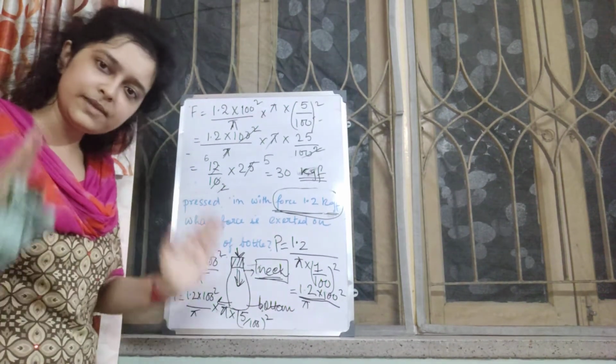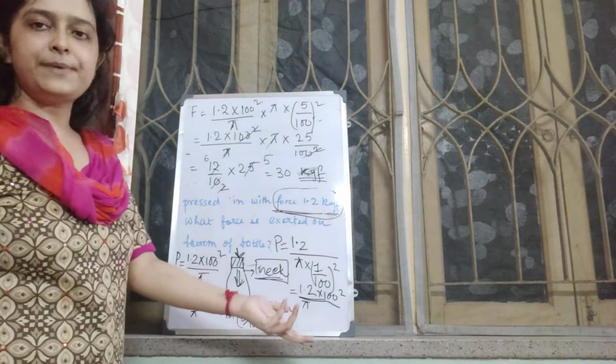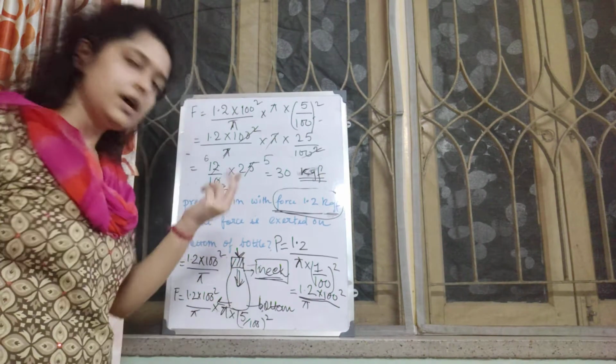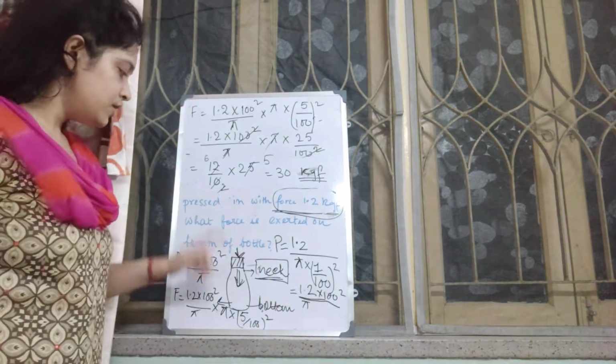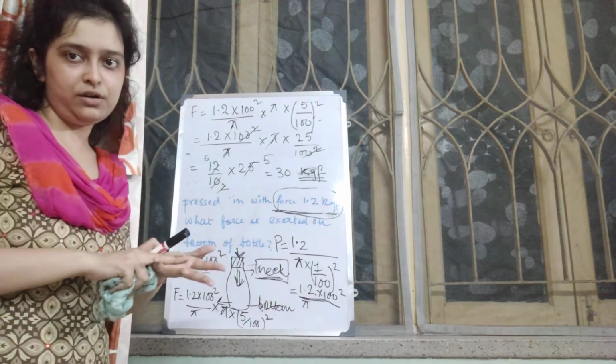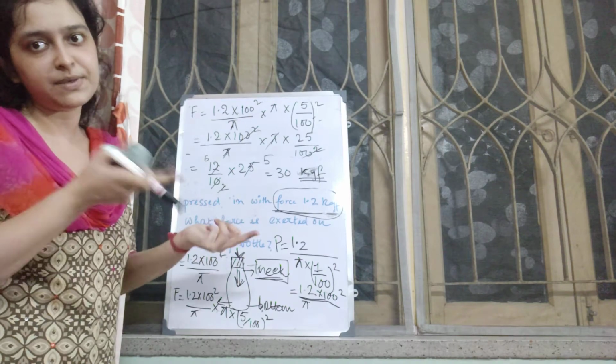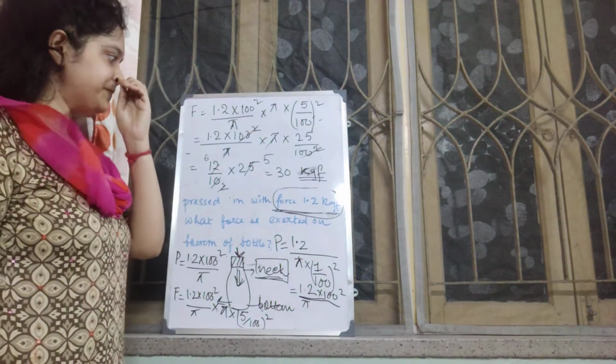So, I can find it from there. Once we have found the pressure, that same pressure goes to the bottom according to Pascal's law. So, for the force at the bottom, we know pressure, we know area of cross section as we know the radius. How can I find the force? P into A. Okay.